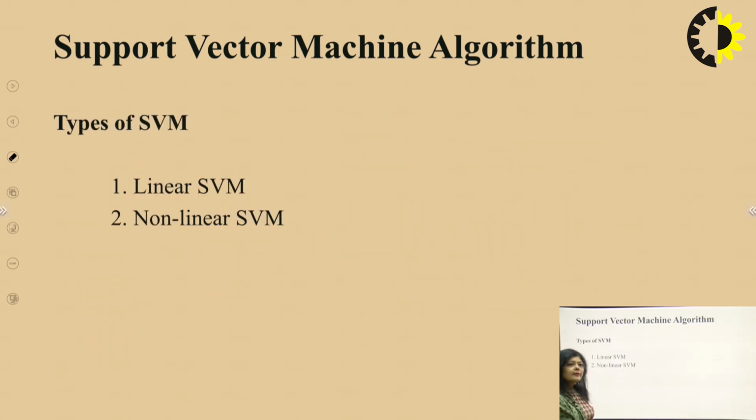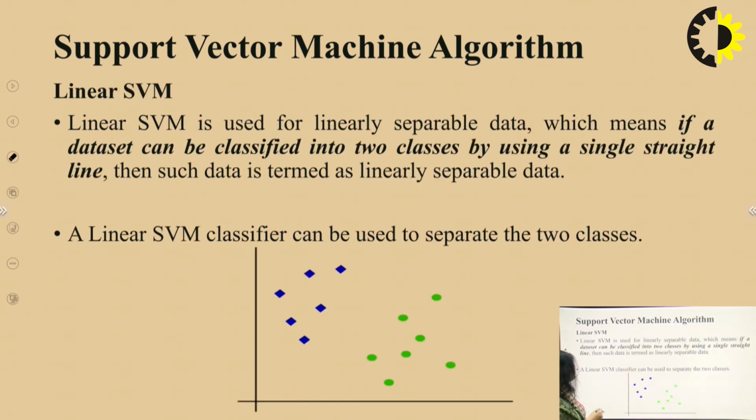Now, there are two types of SVMs that we mostly use. One is called the linear SVM, and the other type is called the non-linear SVM. In the linear SVM, we use data which is linearly separable, and a data set which can be classified into two classes by just drawing a line between the two classes is called linearly separable data.